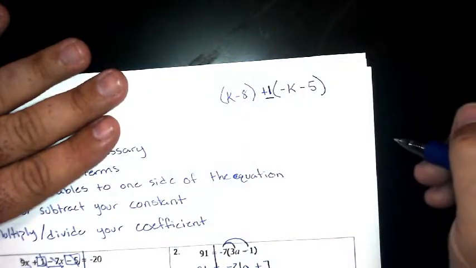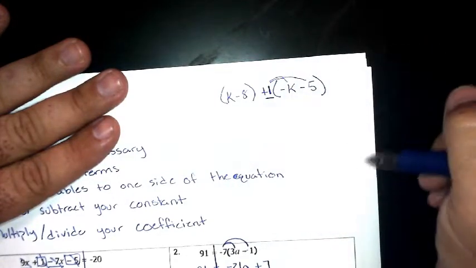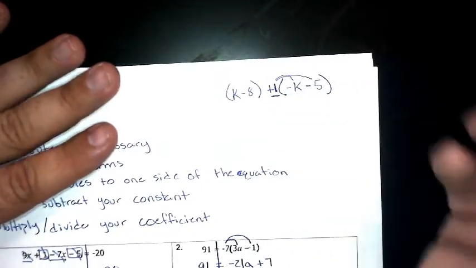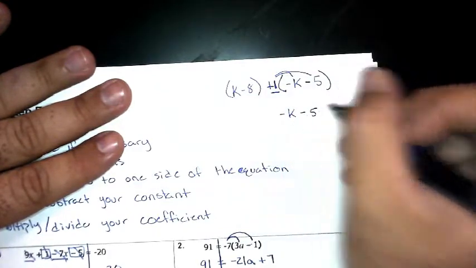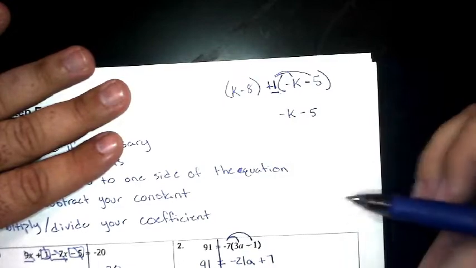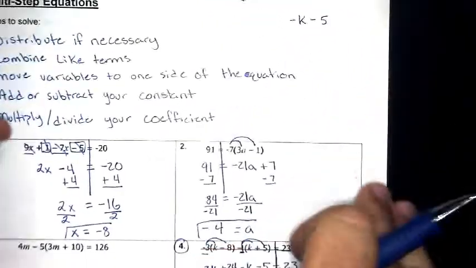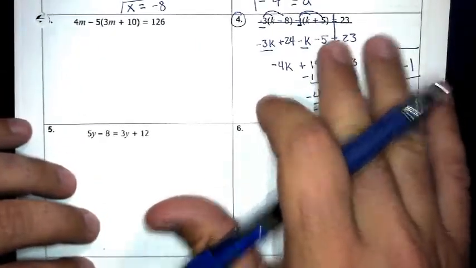But if I distribute a +1, is anything really changing? No, so basically you would just rewrite it as -k minus 5. So really the parentheses just kind of disappear. Good question. Okay, good question. Any questions on number 4 other than that question, which was a good question to ask because it does happen?